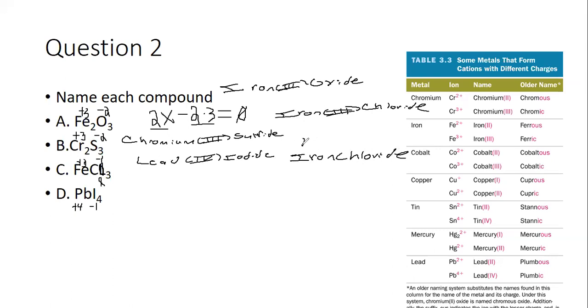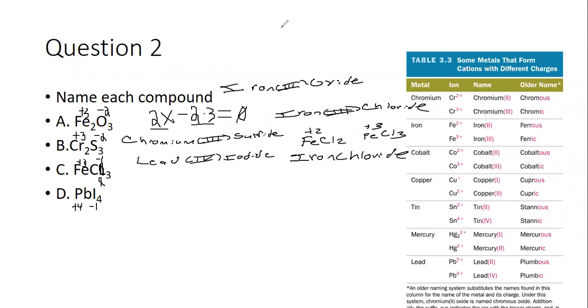Well, is this person going to buy me FeCl2 or FeCl3? Because if we don't have the Roman numeral system, technically they're both iron chloride, right? This is iron 2 and this is iron 3. However, luckily we do live in the world where we have this Roman numeral system. So that's why we need to use these Roman numerals to be distinctive about the metals we use.